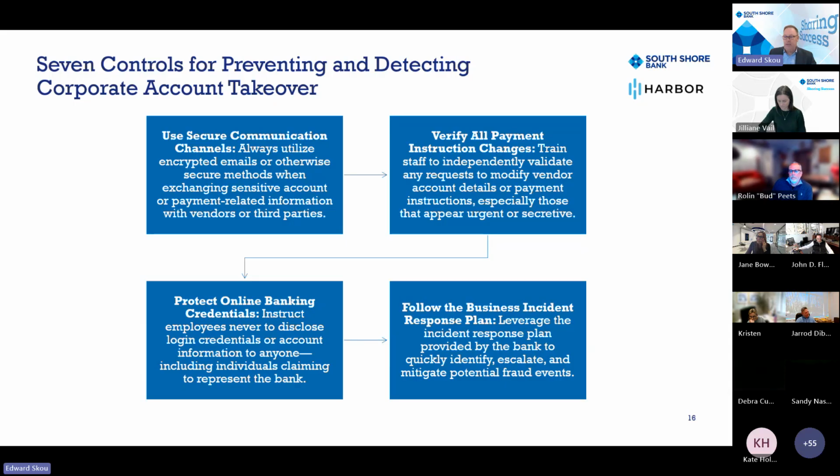Also verify all payment instruction changes. We've mentioned that a couple of times, and I really can't mention it enough. It's so important that your team verify any payment changes directly with a vendor through a channel outside of email. Typically what I find is, when we're making $20,000 or $30,000 payments to a vendor, we know somebody personally over there, probably have their cell phone.